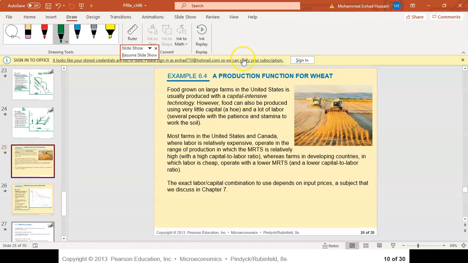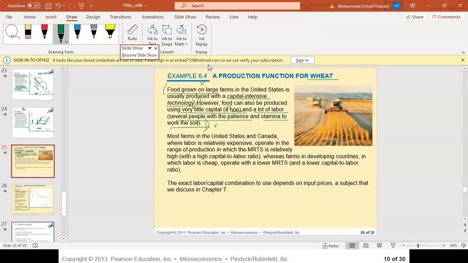Now let us discuss this. Example 6.4, a production function for wheat. Food grown on large farms in the United States is usually produced with capital intensive technology. However, food can also be produced using very little capital, a hoe, and a lot of labor, several people with patience and stamina to work the soil, right?